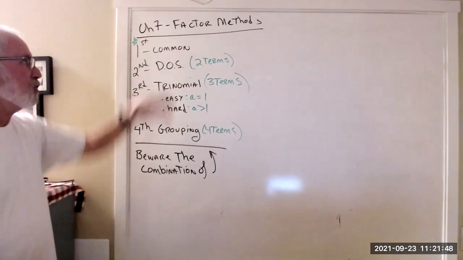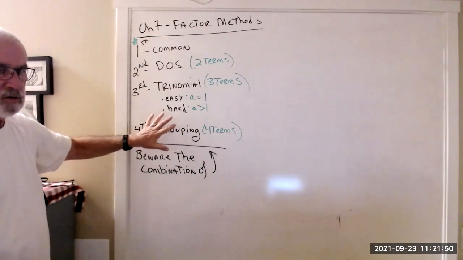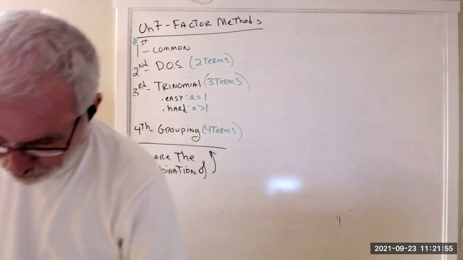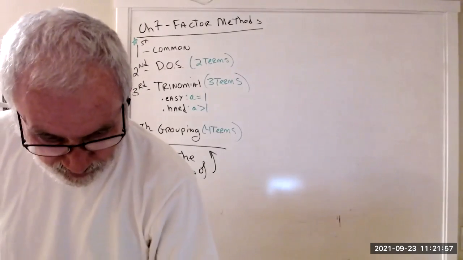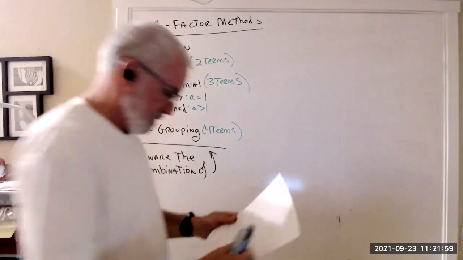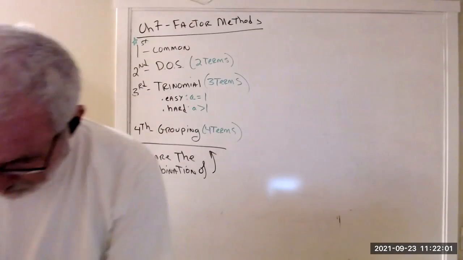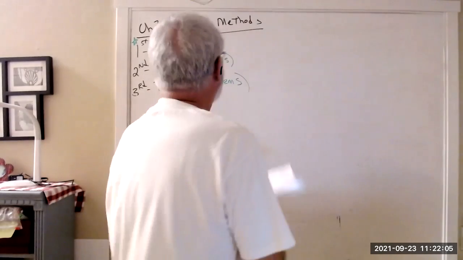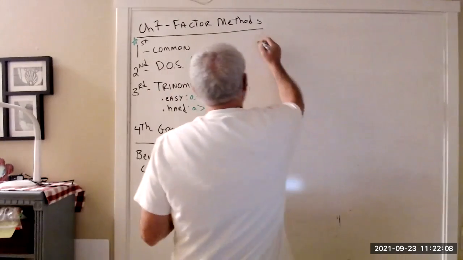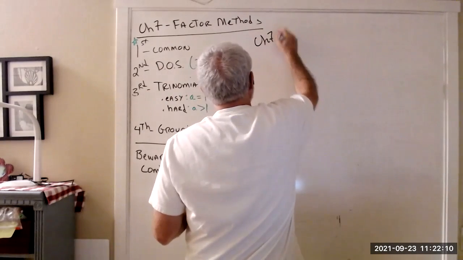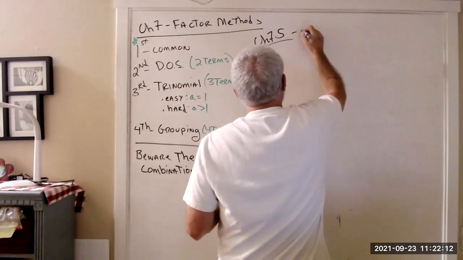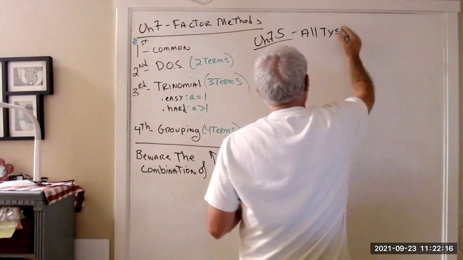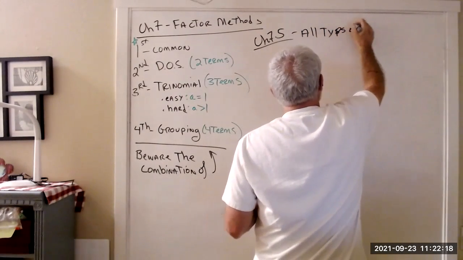It's a combination of all of these. So this is section 7.5, all types of factoring.